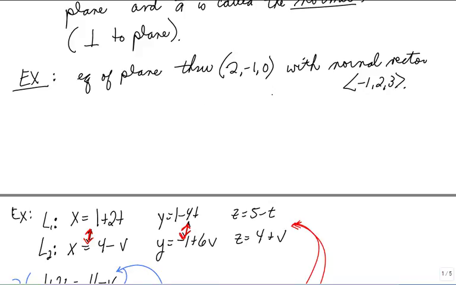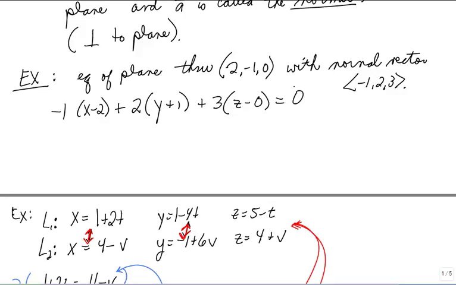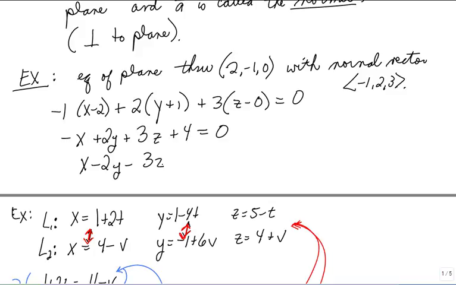So all we have to do is a1 times x minus 2, plus a2 times y plus 1, plus a3 times z minus z1, equals 0, and just multiply this out. We have minus x plus 2y plus 3z, and the constant is plus 2, plus 4. So we have x minus 2y minus 3z equal 4. There's the equation of our plane.